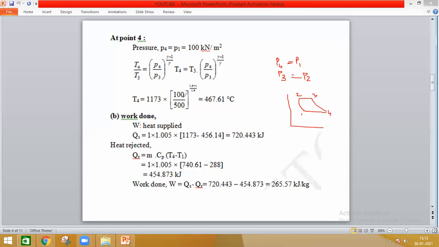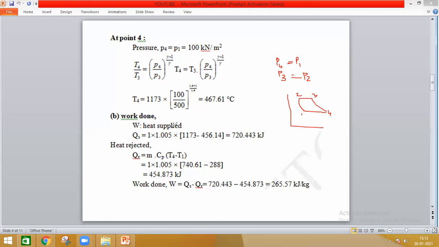Instead of P3 we substitute the value of P2, because it's a constant pressure heat addition process, that is 500 kilonewton per meter square. T3 is the maximum temperature given in the problem, that is 1173 Kelvin. On substituting this, we will be getting the value of T4, that is 467.61 degree Celsius, right?